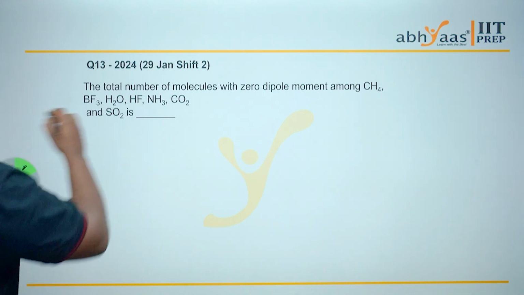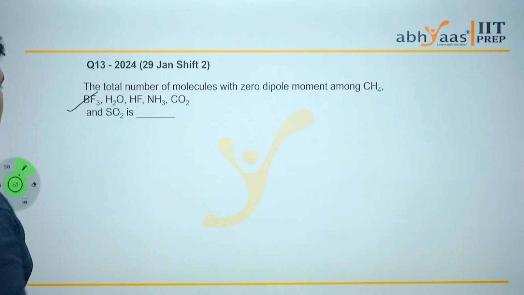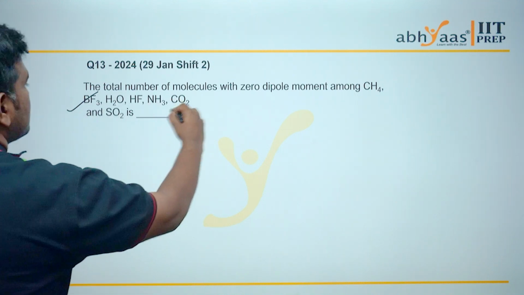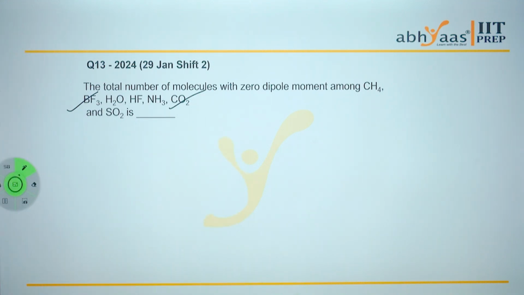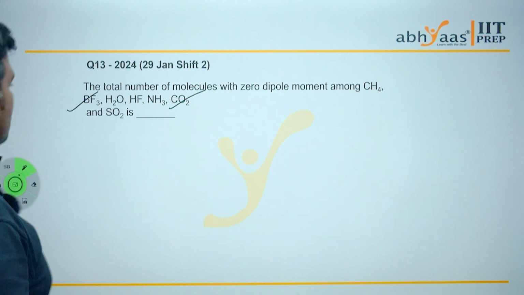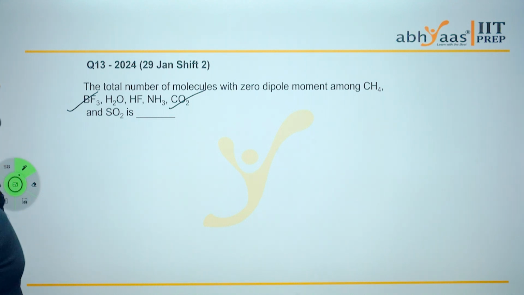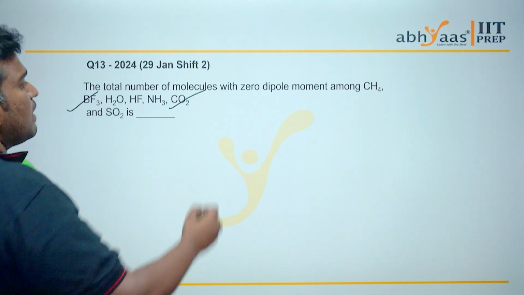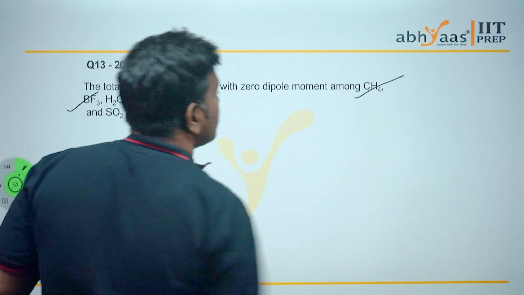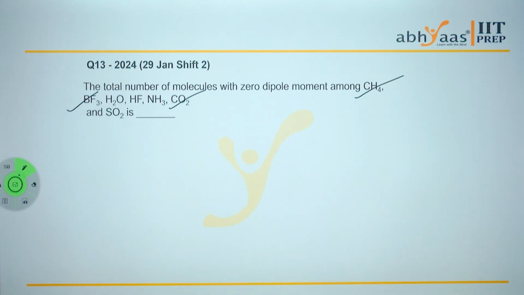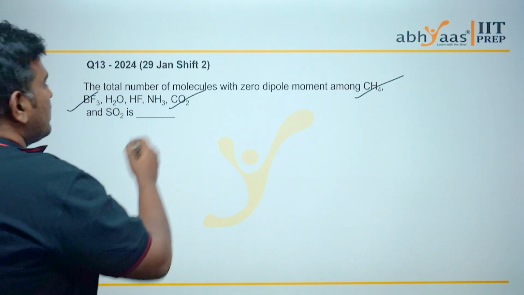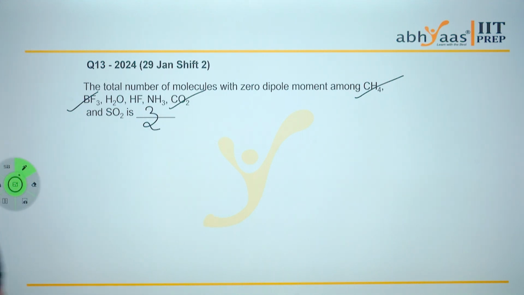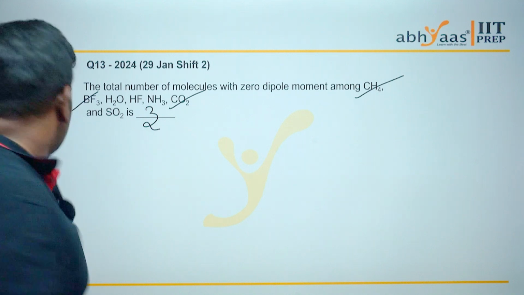So here we have already seen BF3 will be non-polar, and here CO2 will be non-polar, right? Other than this, all will be having dipole moment, and CH4 also will not be having dipole moment. So we can say these are non-polar, and we will be having 3 molecules which are having zero dipole moment, right?